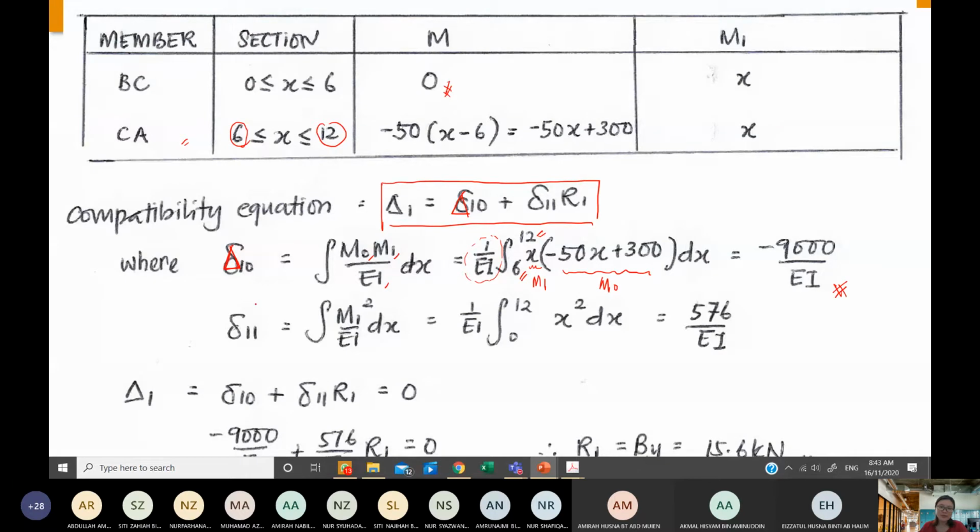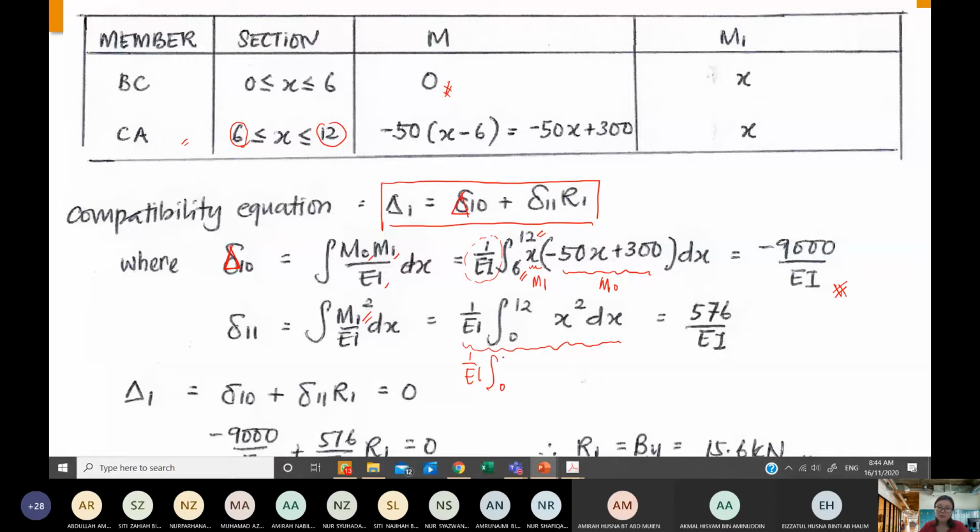Then go for delta 1,1, which is dealing with M1 multiplied by M1, which is also M1 squared. You might get confused with this. For those who get confused with this, you write for BC first.